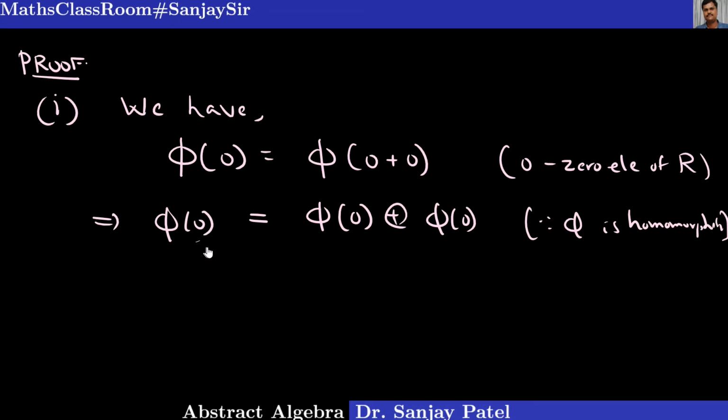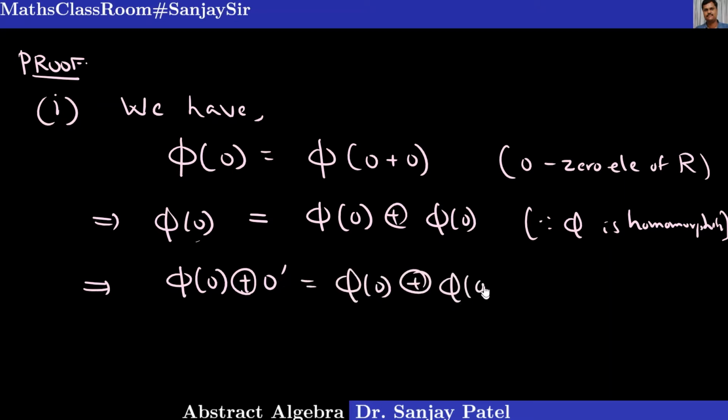So we have an equation like this: x plus x is equal to x in the ring. That gives us x equal to 0 because of, say, the cancellation law. Or I can write in this form also. This is the same as phi of 0 plus circle 0 dash is equal to phi of 0 plus circle phi of 0.